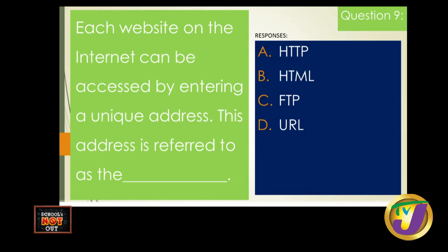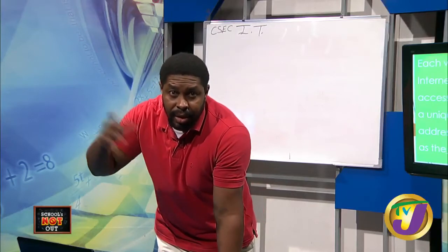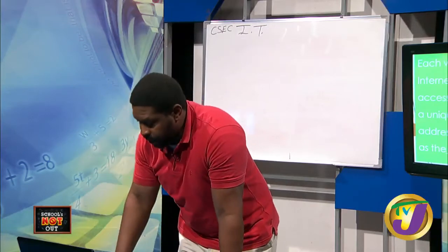Just to expand these terms: HTTP, Hypertext Transfer Protocol; HTML, Hypertext Markup Language; FTP, File Transfer Protocol; and URL is Uniform Resource Locator, and D is our answer. That is where you'd see www.csec.org. That's your URL.